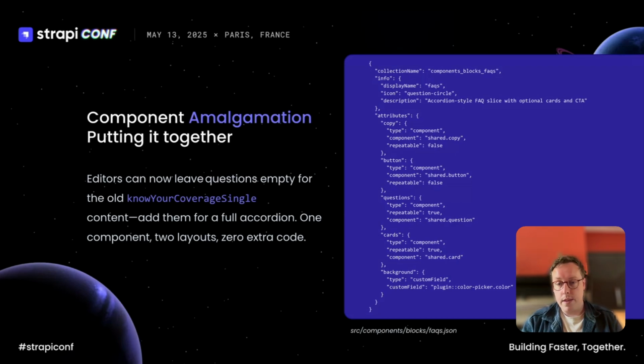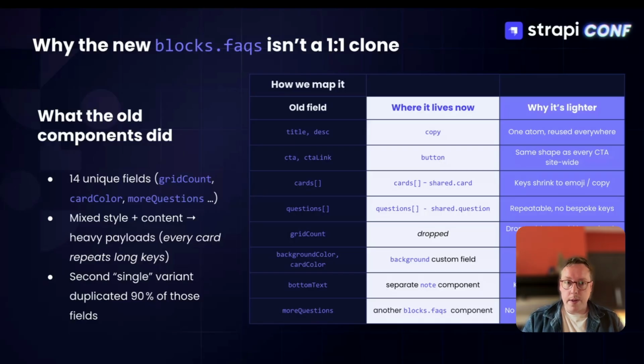And again, the naming of these components is largely to try and abstract away from what the original concept of the content type was trying to do, which when you read the original schema, again, is very, very tightly, closely tied with the design. So one of the things I want to highlight as part of this refactor is we haven't tried to make an exact one-to-one copy of the schema, especially in this particular use case.